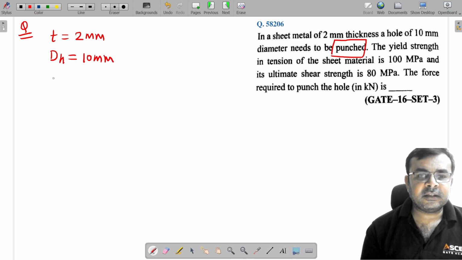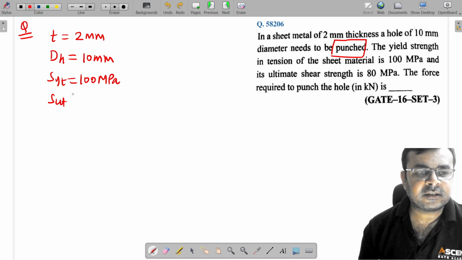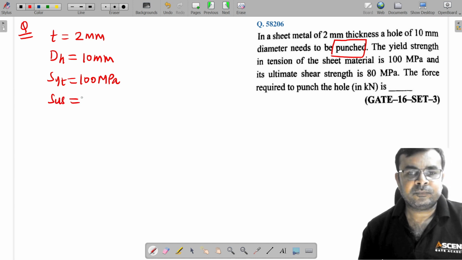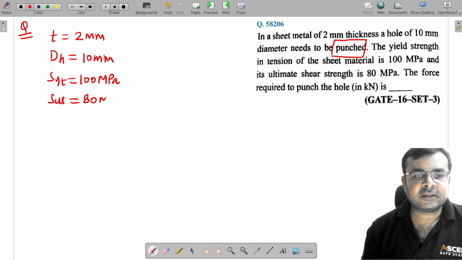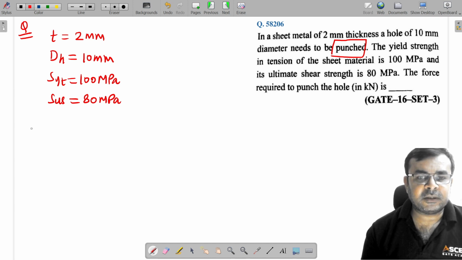The yield strength in tension of the sheet is 100 megapascal, and the ultimate shear strength is 80 megapascal. Is it clear? The force required to punch the hole: here we need to calculate the punching force.